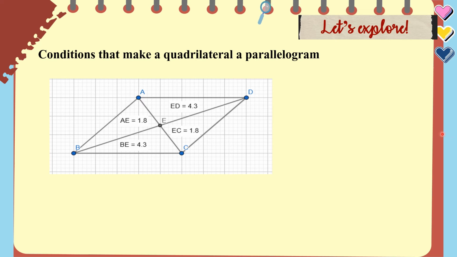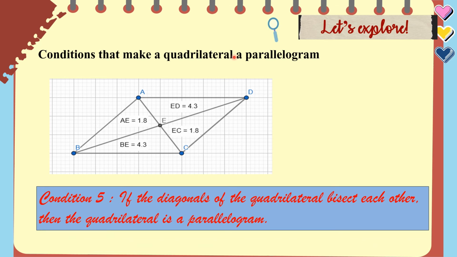Then we can say that the diagonals of the quadrilateral bisect each other. So, if the diagonals of a quadrilateral bisect each other, then the quadrilateral is a parallelogram.